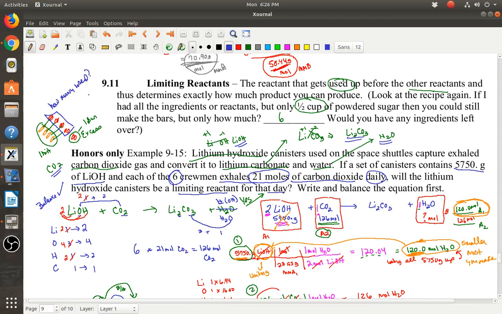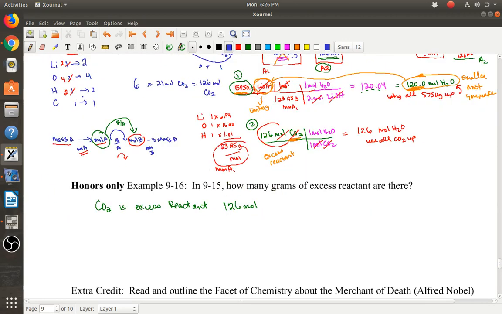Okay, so I have to do the same thing here. CO2 is excess. This is too much. So how much did I use? To figure that out, you start with the excess reactant, 126 moles of CO2. And the first question is, how much do I use? That's what I'm trying to figure out. So I go back to the balanced equation.